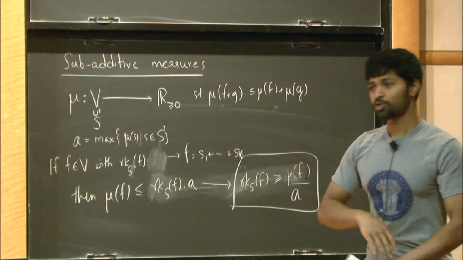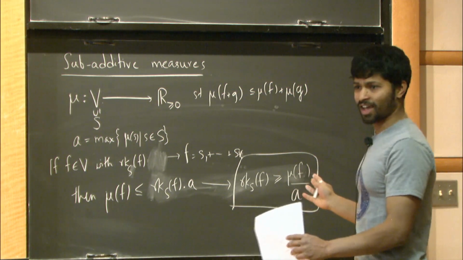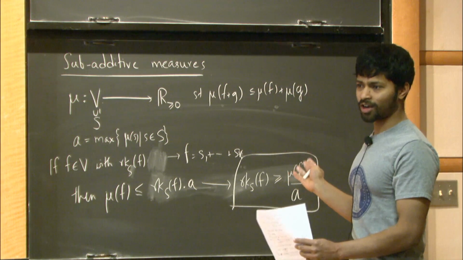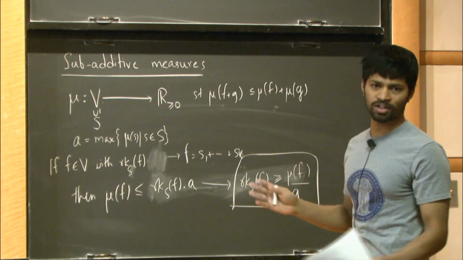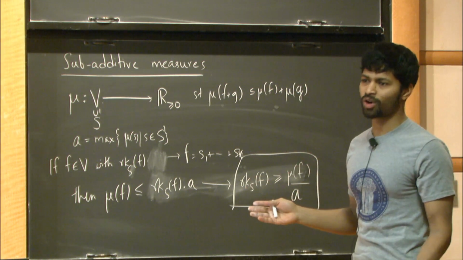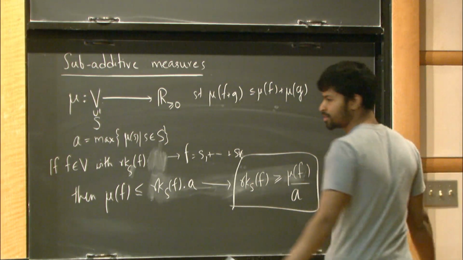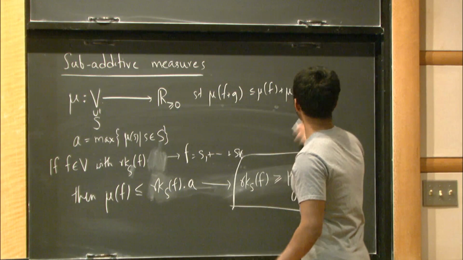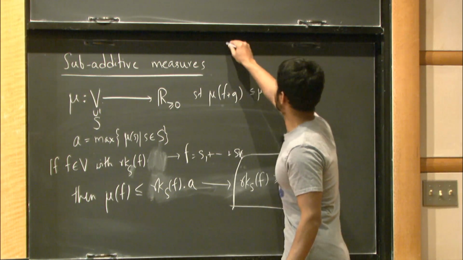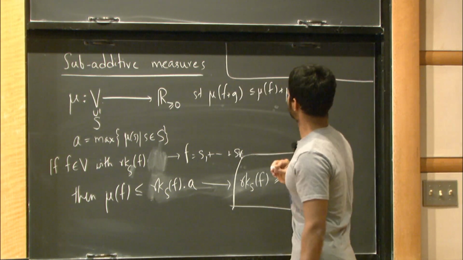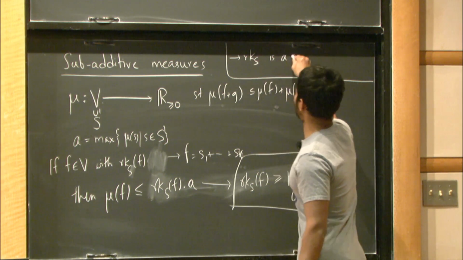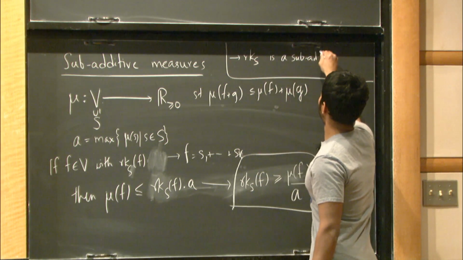Okay, there is one subadditive measure that's just there in front of us, and that's rank S. That is already a subadditive measure, and it would give you the best lower bounds you want. The point is, you don't know how to compute it, right? So let me just make a comment here: rank S is a subadditive measure, but it's very hard to compute.